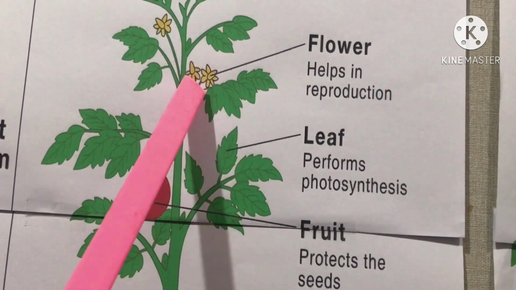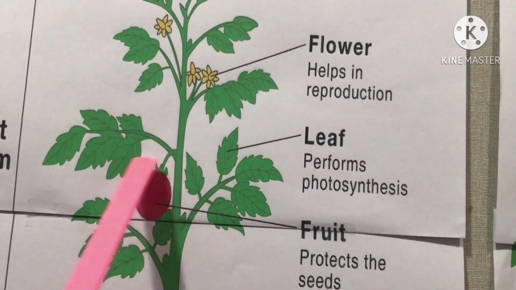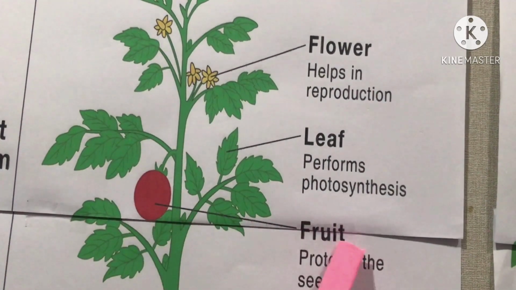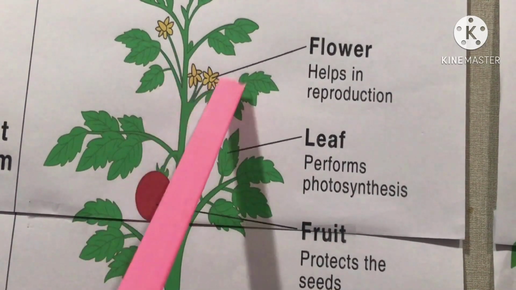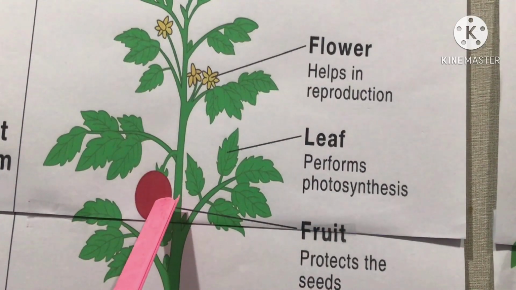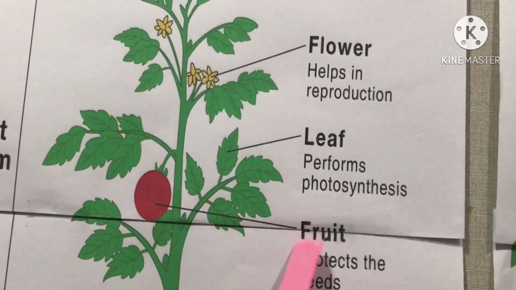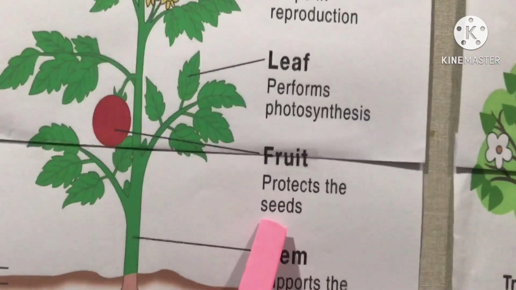After the flower, it will turn into a fruit. And if we say fruit, it protects the seeds.